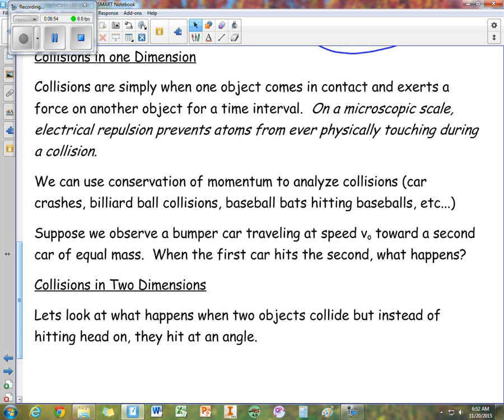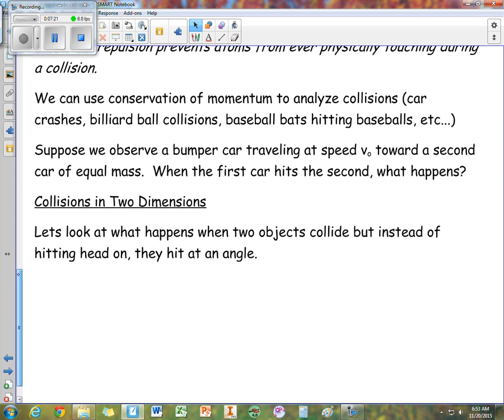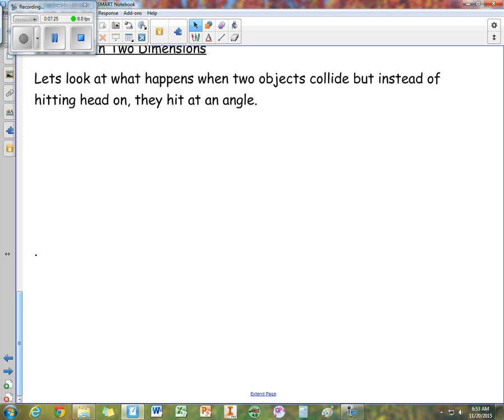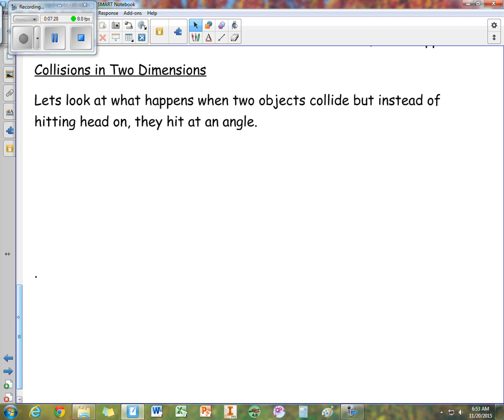Well, if they're equal mass, and if the first car is moving and the second one is stationary, what should happen is that all of the momentum of the first one will transfer to the second one, so that the first car will stop and the second car will move away at a speed v0. And I have some demonstrations I can show that with an air track in class. Now let's take a look at what happens if we have two objects colliding in 2 dimensions.